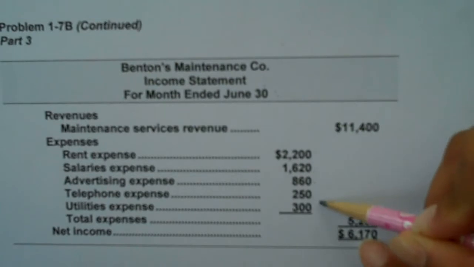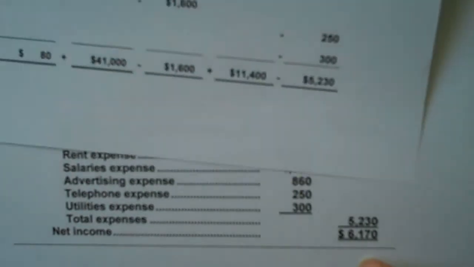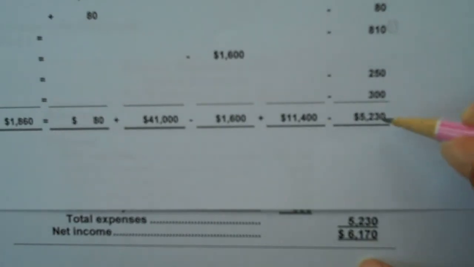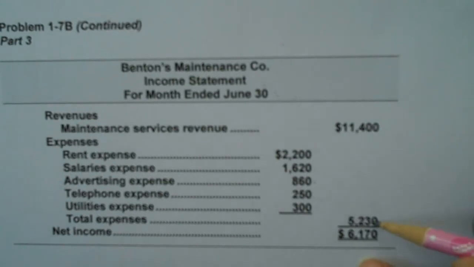So you're just going to list all of your expenses. Your total expenses should agree to that on your transaction analysis. So we have total expenses of $52.30. Let's go ahead and make sure that agrees. Indeed it does, $52.30. Subtract all of your expenses from your revenue to get the company's net income.